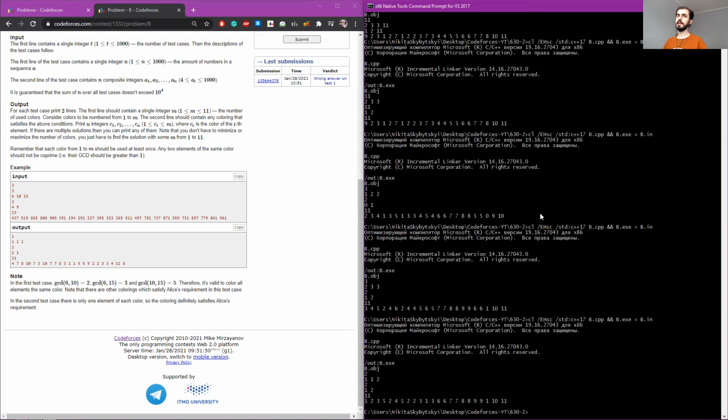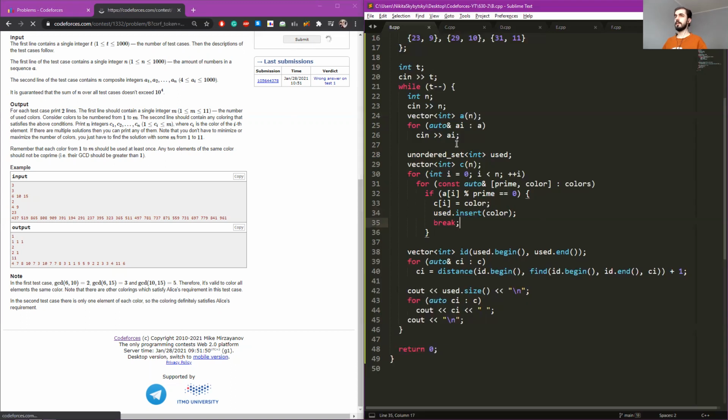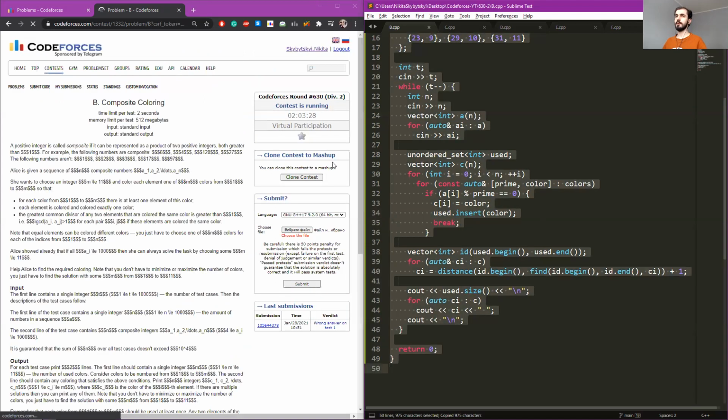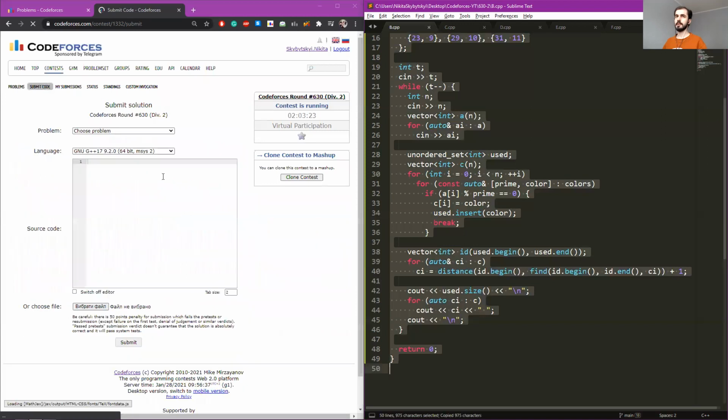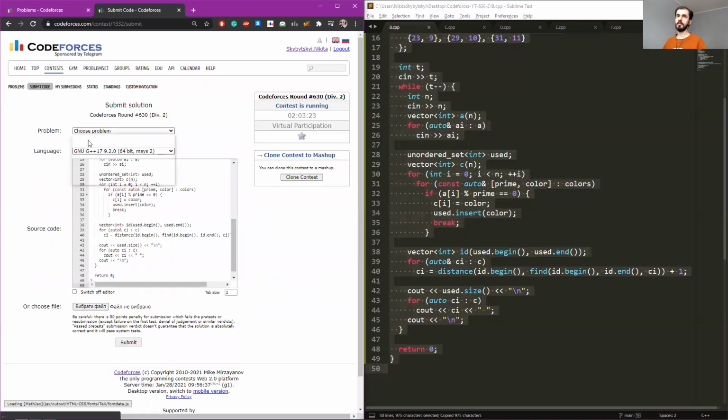So now 6 and 10 are actually colored according to a multiplier of 2, and 15 is 3. Okay. Well, at least it's the wrong answer at 1, right? And not at 2. The first test case is not penalizable.